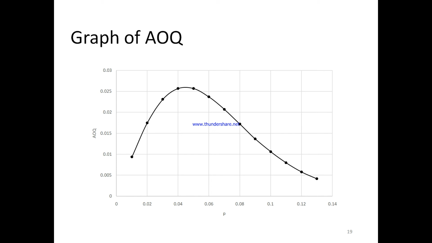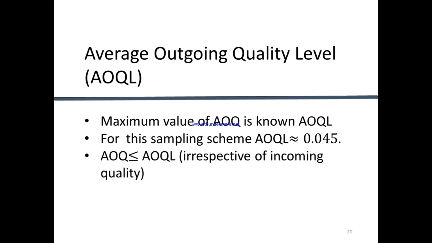Okay, so in this case, if you look at this graph, this maximum point is something very important. We call it the average outgoing quality level of a process. So if you have a process, you can just draw the respective AOQ graph, and when you find this maximum point, that will give you the average outgoing quality level.